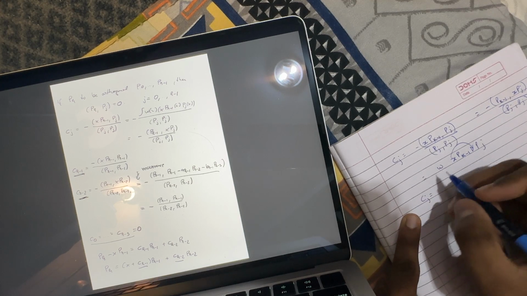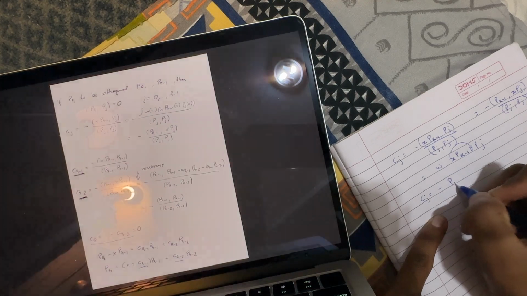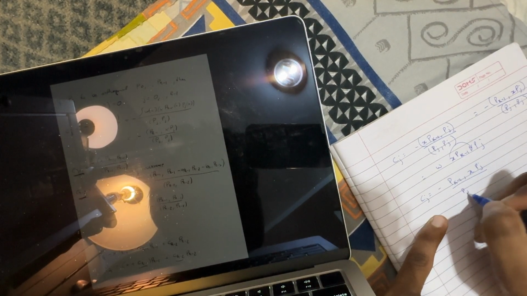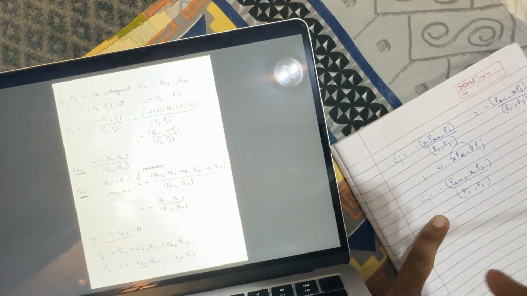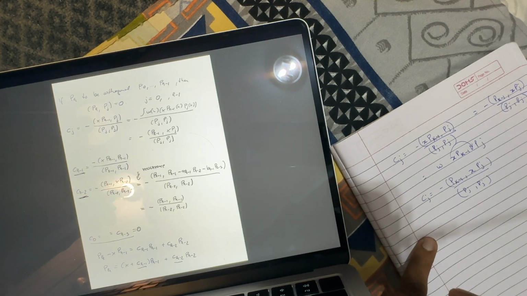Cj equals minus Pk minus 1 x Pj divided by Pj Pj.